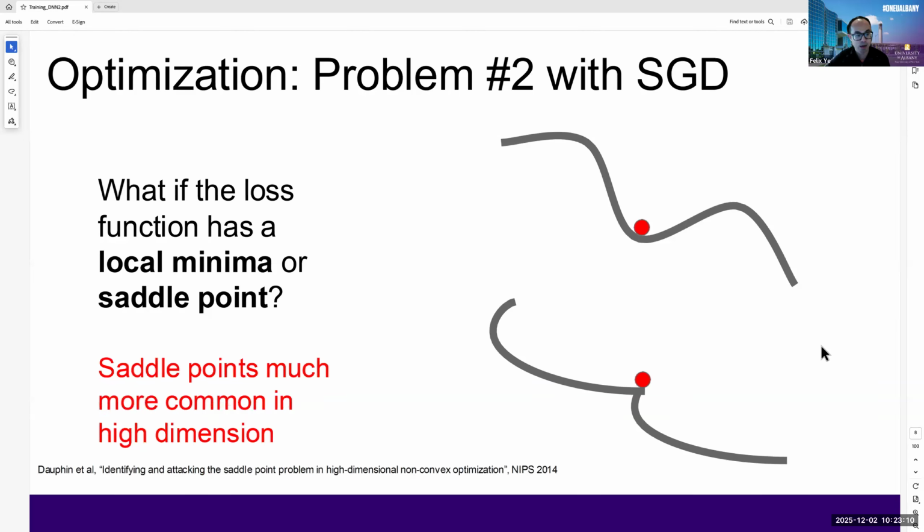Also, this kind of saddle point is very common in high dimensions.